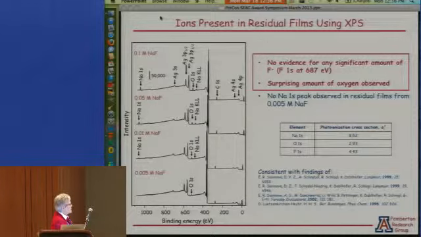And the second thing that was somewhat surprising is that there was a surprising amount of oxygen observed in the interfaces. And it turns out that actually these similar studies had been done by Doppelhofer and his colleagues in Germany around the turn of the century, and our findings are completely consistent with what they had also reported.